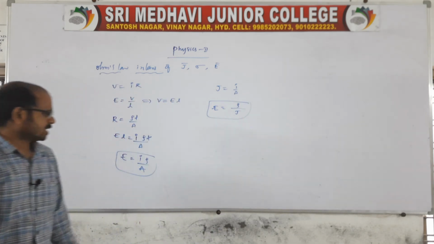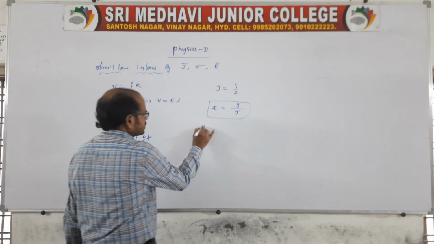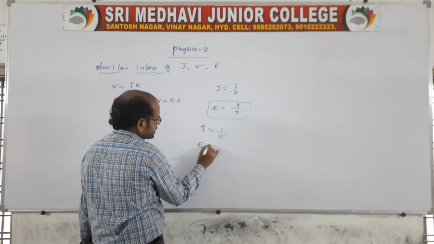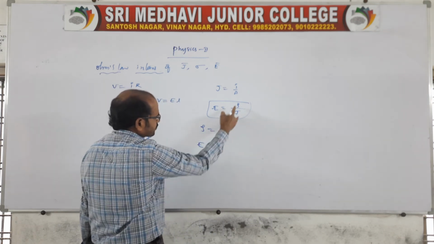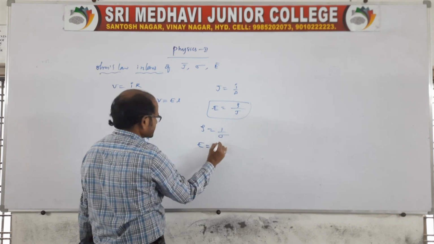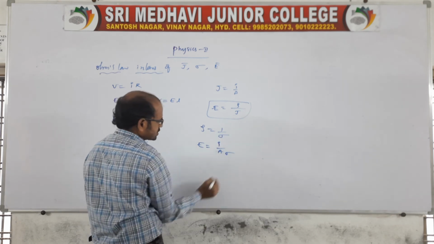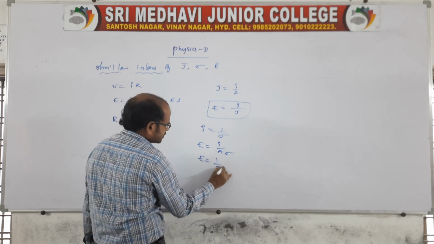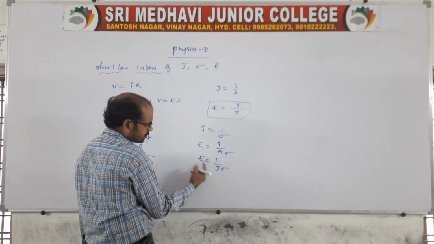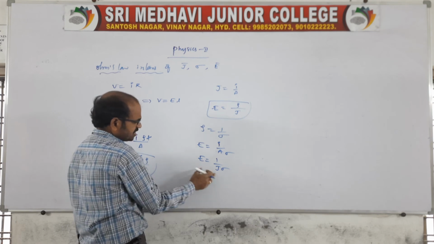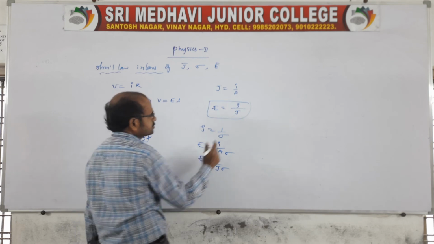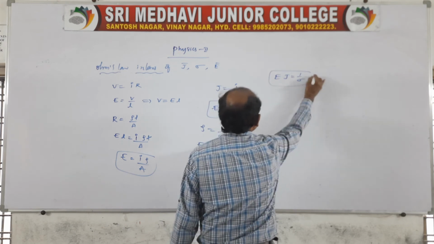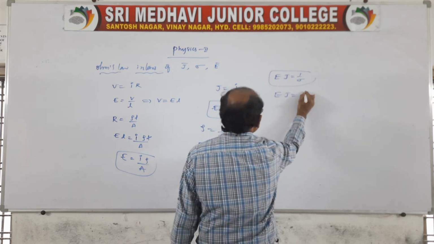We can take it like this. And here rho is nothing but 1 by sigma. So we can write E is equal to J by sigma. Clear? Therefore from this we can say E by J is equal to 1 by sigma, or E by J is equal to rho.